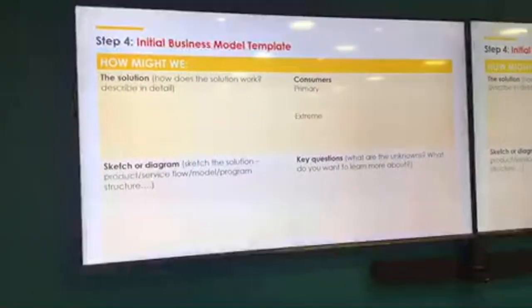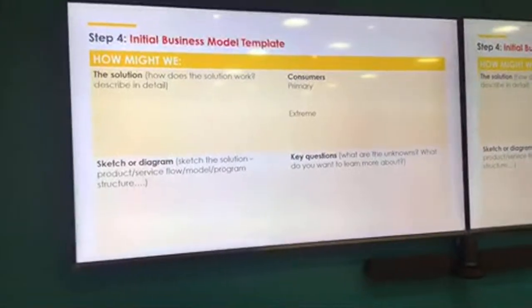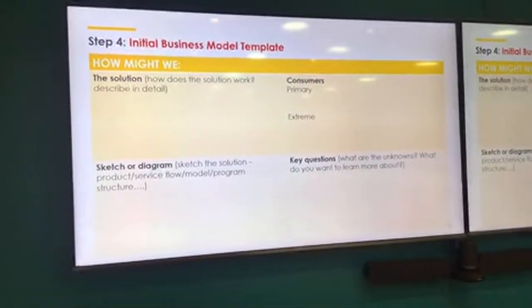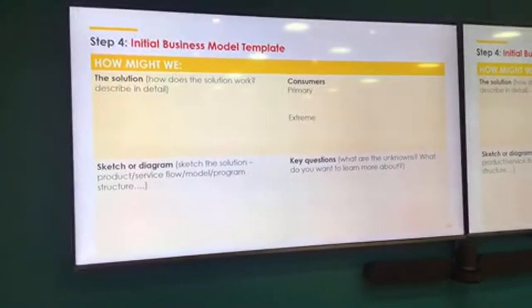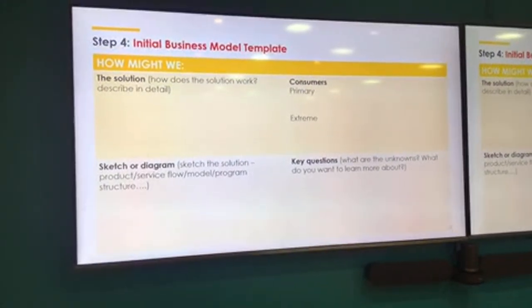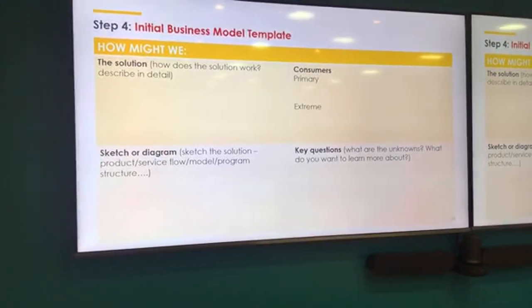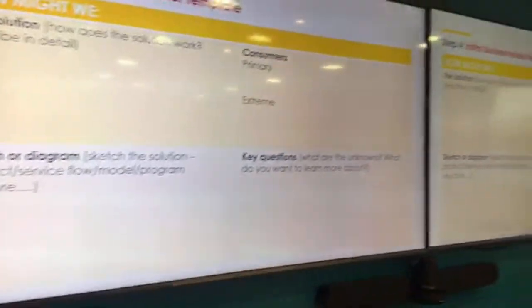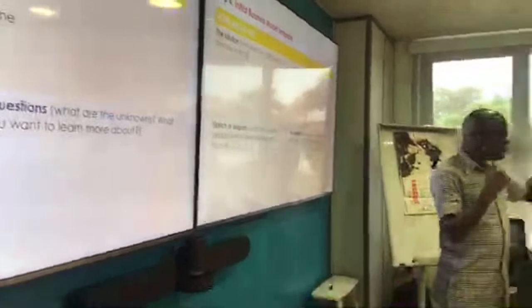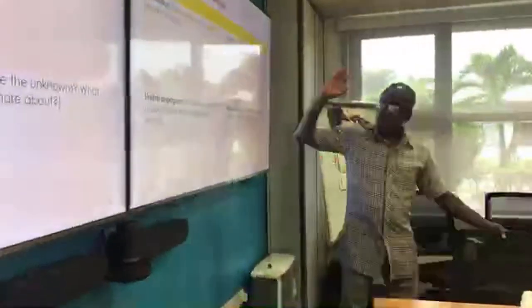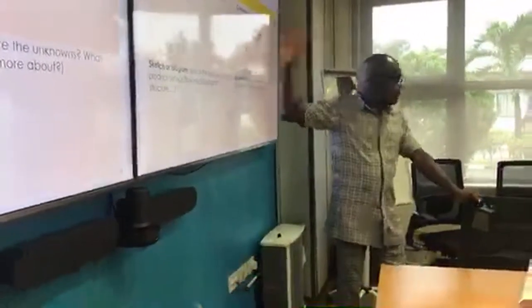We said go home and update it, and you went home and updated it. So today is the day for you to show your idea clusters on your cardboard. Show your ideas and then show the clusters. After you've shown the clusters, put up your initial business model.